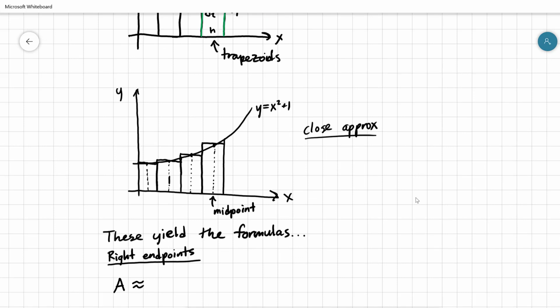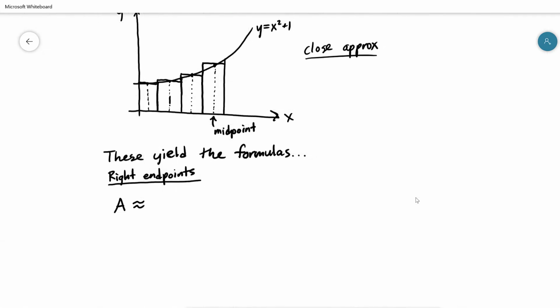So again, 1/4 was the first one, then at 1/2, right? So the first point is I will take f of 1/4, that's going to be the height. And I'm going to multiply it by what I'm going to call delta x, which is basically the width.